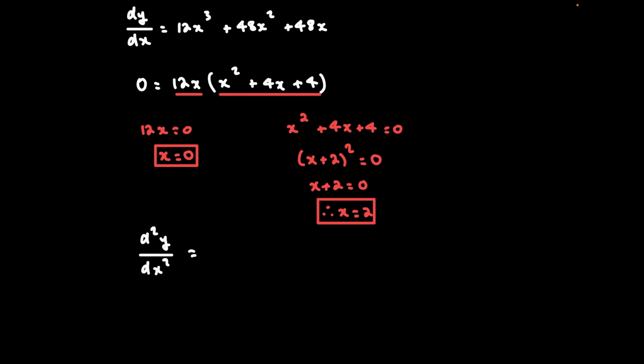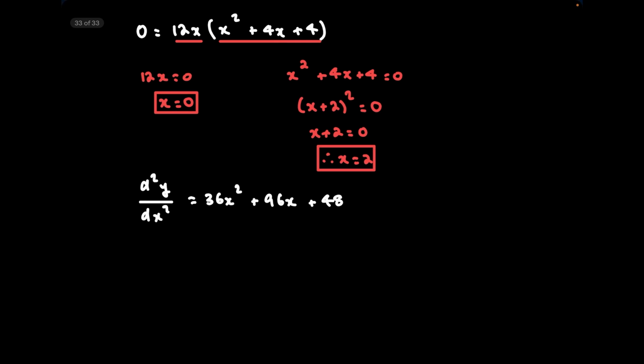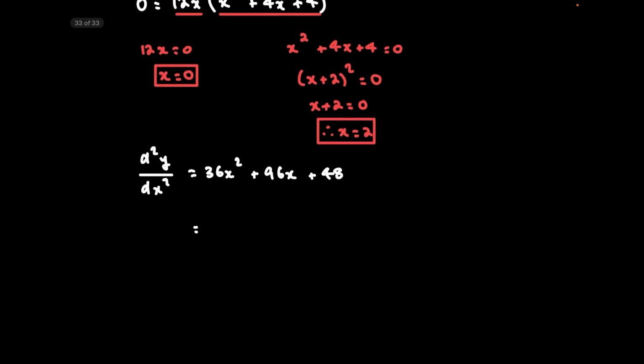Again, it's pretty useless notation, but it is what it is. When we differentiate it again, we get 36x squared plus 96x plus 48. I can recognize here that I can factorize out a 12.